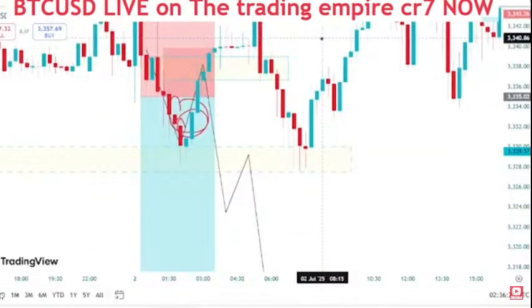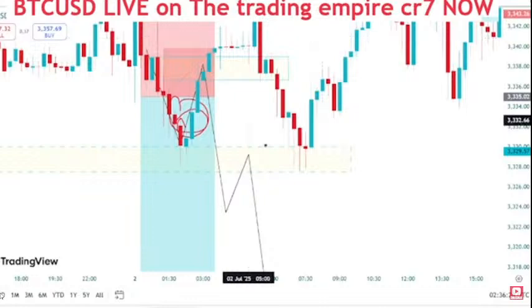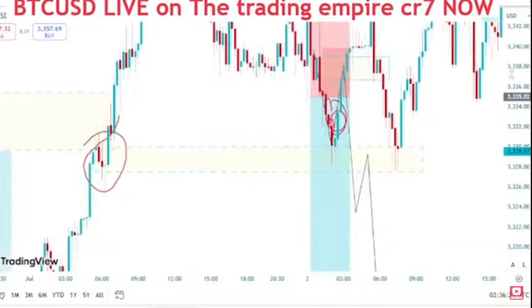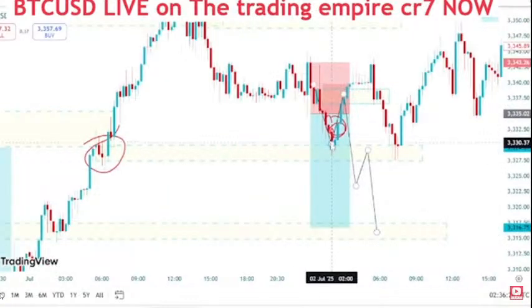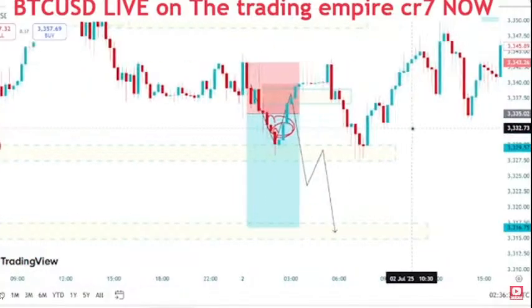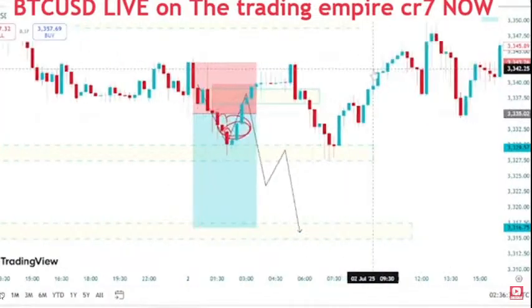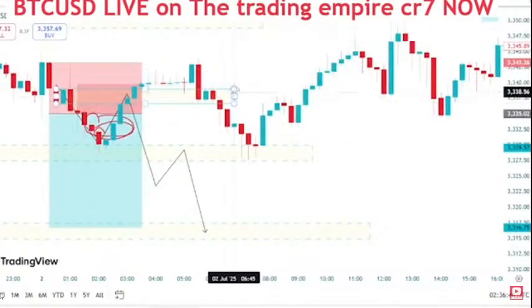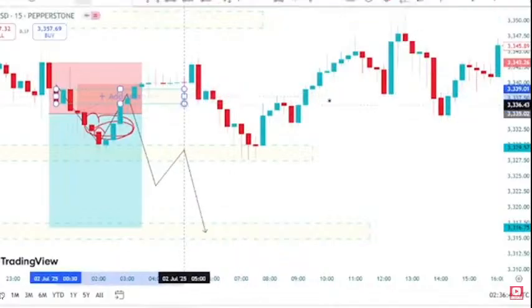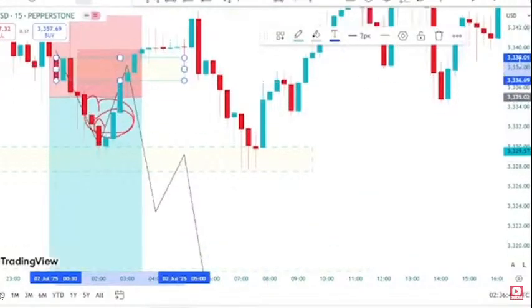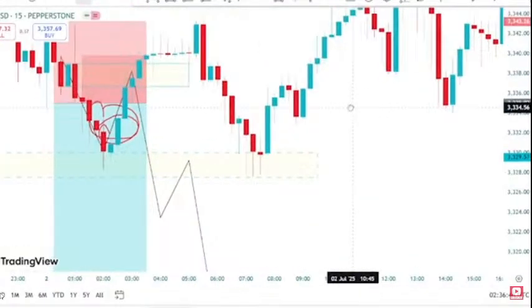Then we decided to move down again, creating an equal low from the same zone where we rejected before. So now we had to think about uptrend continuation from here. As we are rejecting from the low multiple times, what can we decide after that? We had to wait for the opportunity to go for buy.